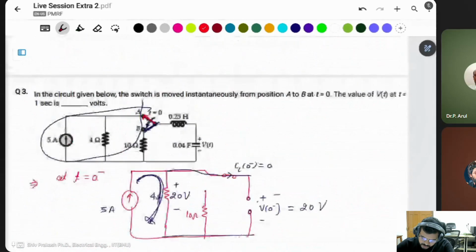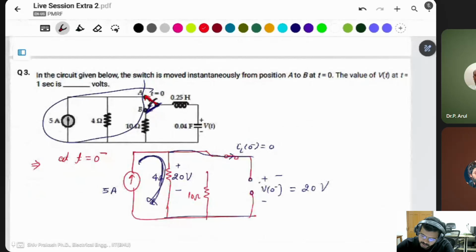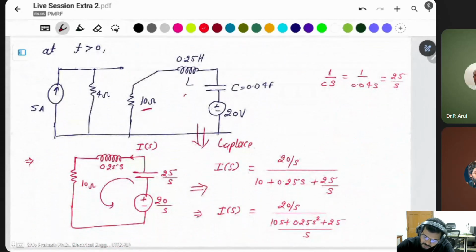But the question is asking about the Vt value, not the current. Sorry, I was trying to find the current, but here they are asking about the Vt value. Then Vt is the total capacitor voltage. In this case, the total capacitor voltage is this one, the capacitor voltage with initial voltage.